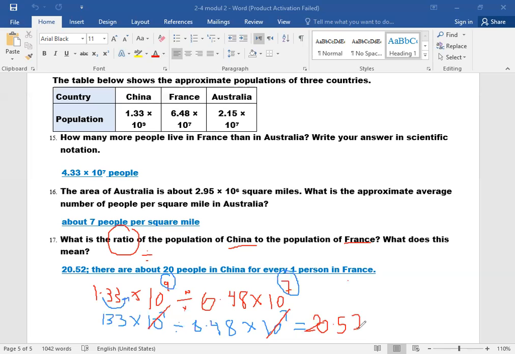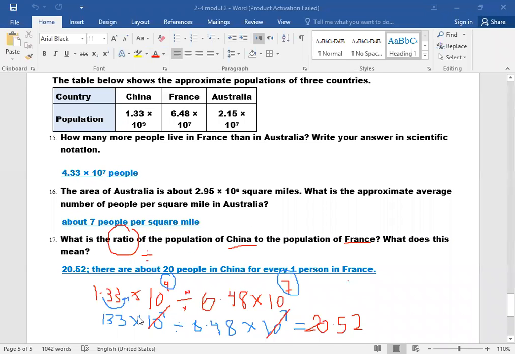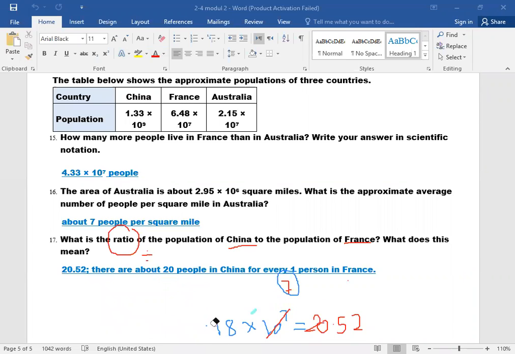Okay, 20.52. So this is how we use word problems with scientific notation to do division, multiplication, addition, subtraction, and so on. So this is the application of scientific notation with word problems.